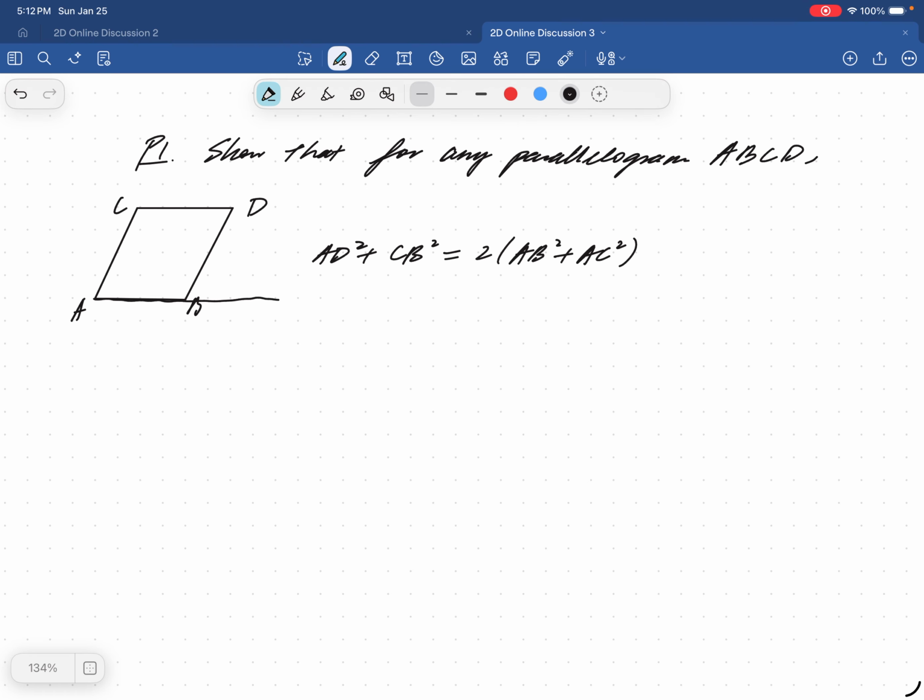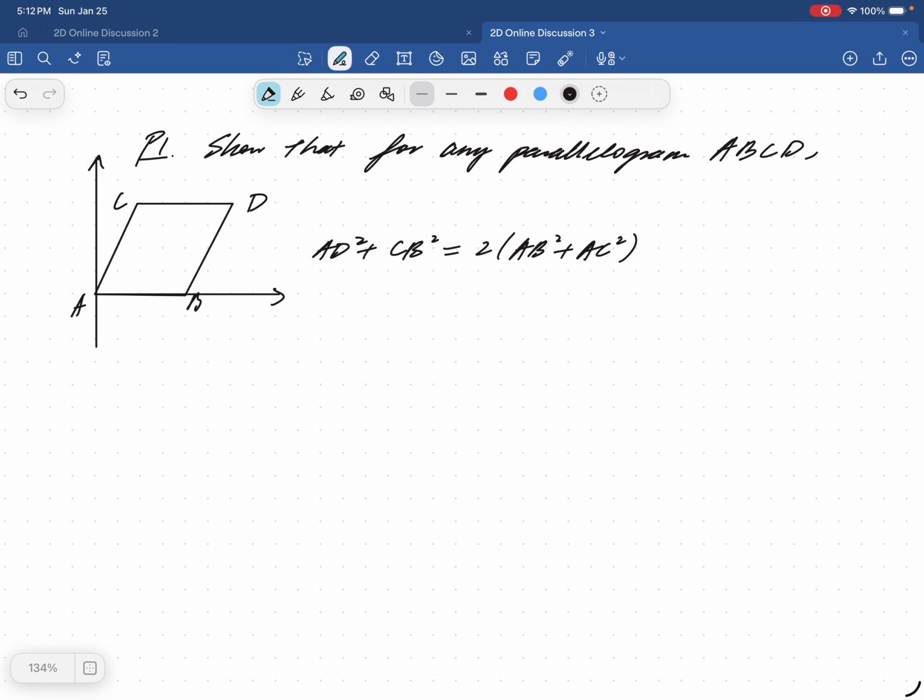First of all, we can situate our parallelogram in the plane, in R2. What we can do is make these line segments that we care about into vectors.